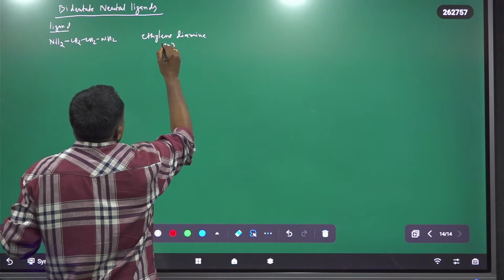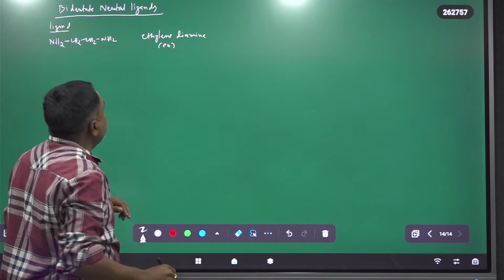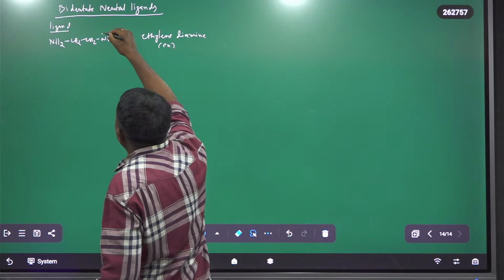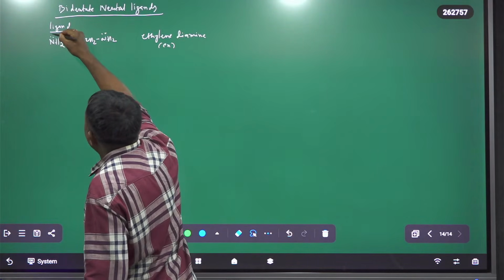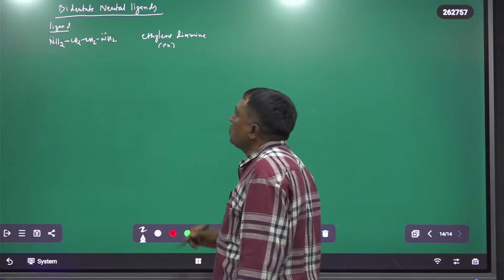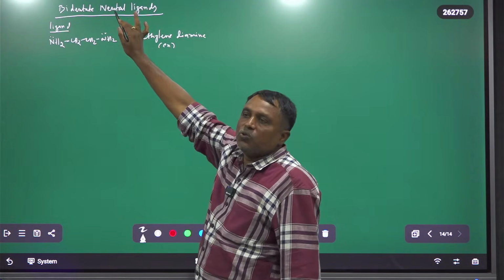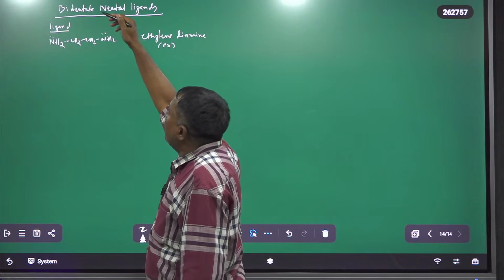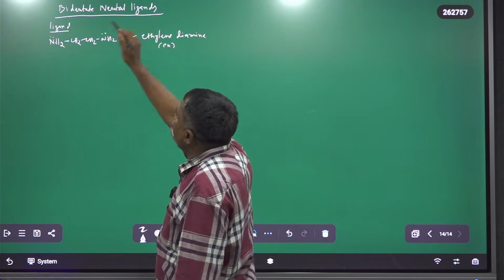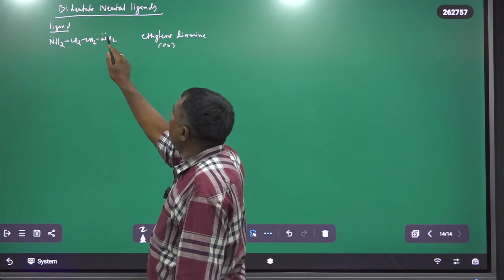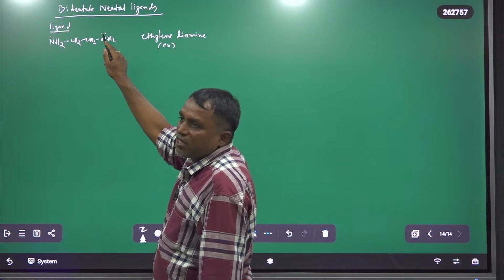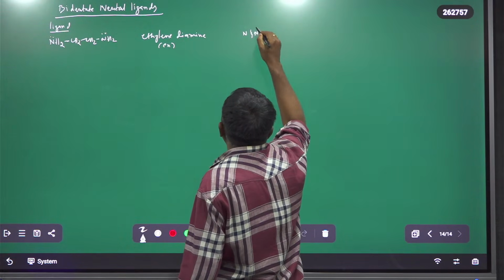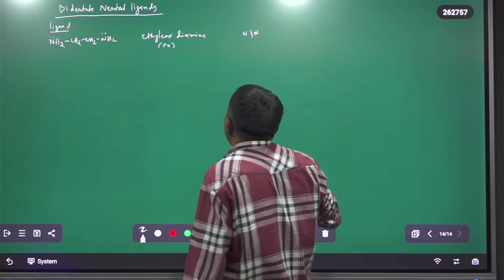The abbreviation used in complex compounds is en. Here one nitrogen is the donor site, and the other nitrogen is another donor atom. So bidentate means 2 donor atoms. Ligands with 2 donor atoms come under this classification. Both donor atoms are nitrogen.